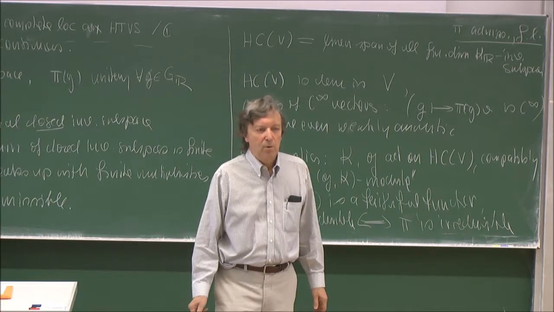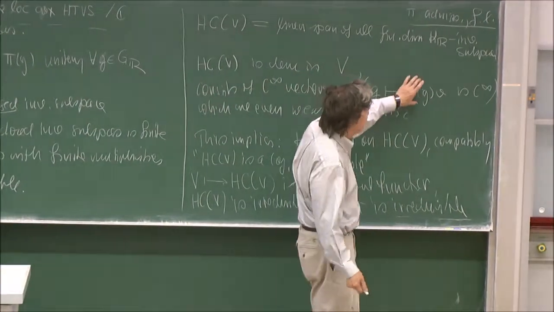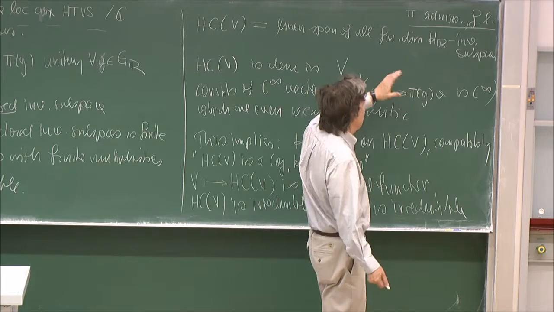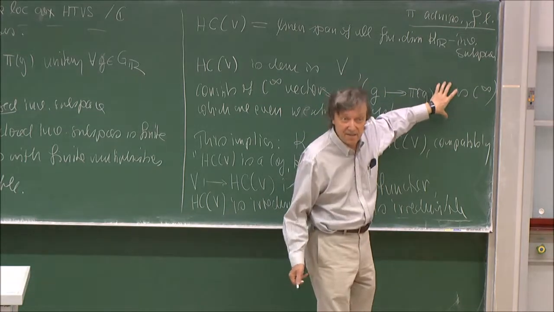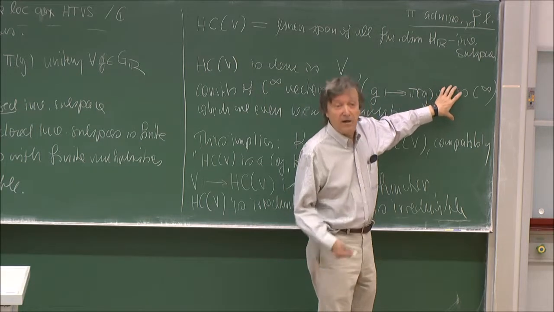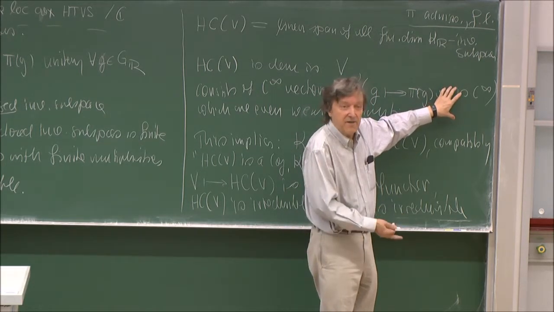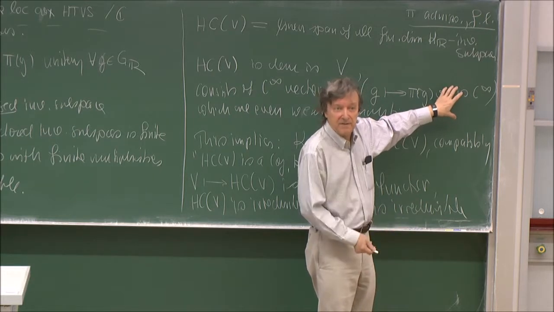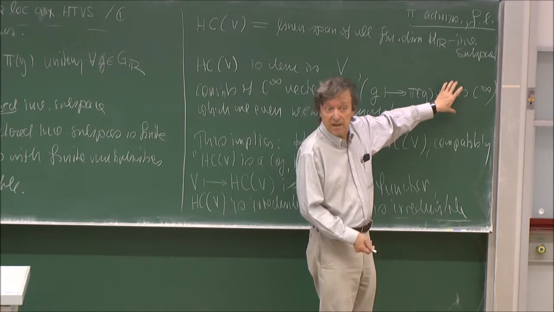No. I mean, we can look at these functions, and since HC of V consists of C infinity vectors, these are C infinity functions with values in a good topological vector space. It's just that HC of V is not the topological vector space, but that doesn't matter. These functions take values in a good topological vector space.